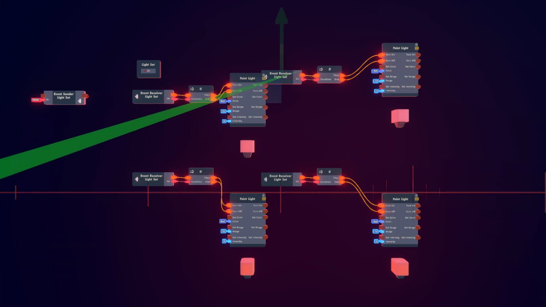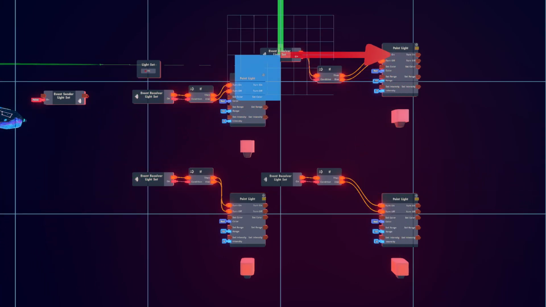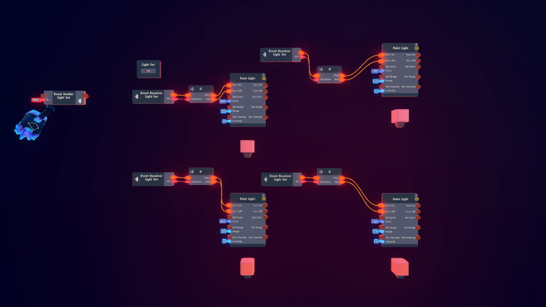What I can do instead, however, is configure this event sender, and in the target dropdown, I'll change it from local to all. Then when I run this, it has gone from being local to networked, from local to all, which means it was previously not at all networked, but now it is.